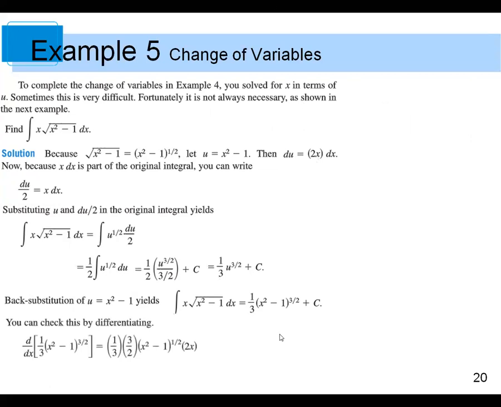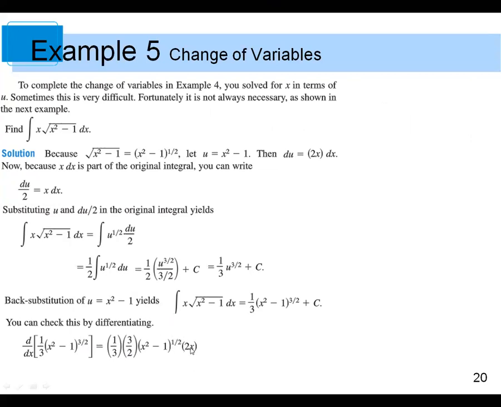And you can always check an antiderivative by differentiation. So if I take the derivative using the chain rule, the 3 halves comes down, multiplies to 1/3. Subtract 1 from the exponent, it becomes 1/2.